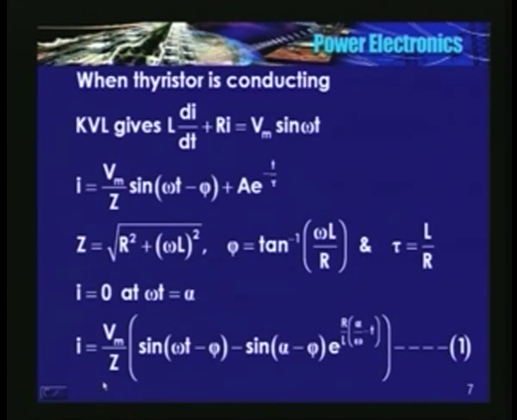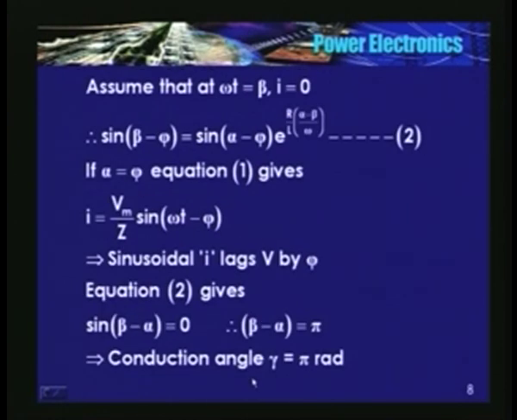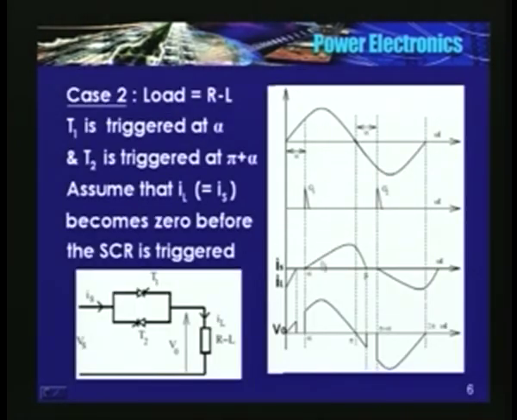So this is the equation for current. So there is a sinusoidal component and a decaying component. Okay, so the current waveform looks something like this.